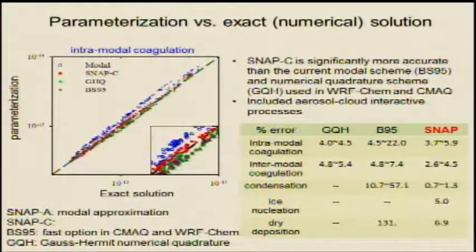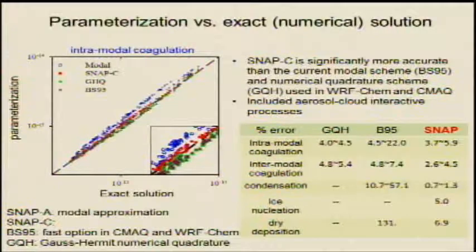To parameterize this, we adopted a similar approach as earlier. We used a statistical approach: we ran a very detailed bin model, then analyzed the results to fit statistically and get the conversion rates. Here is an example of our scheme.